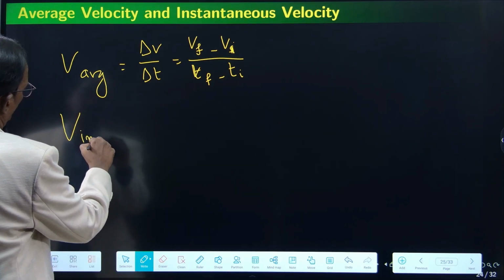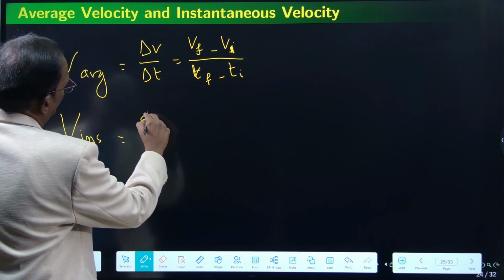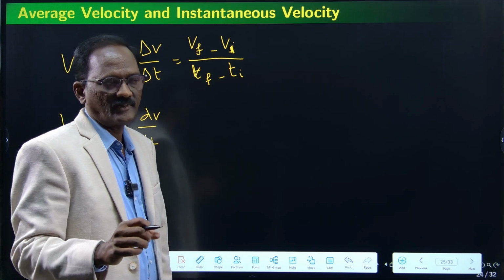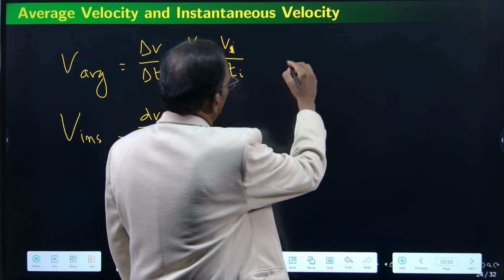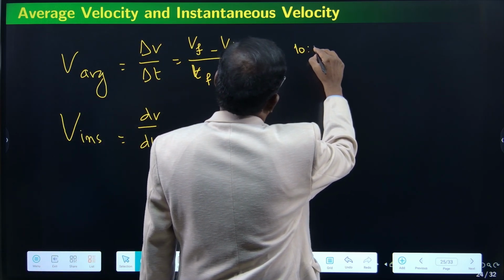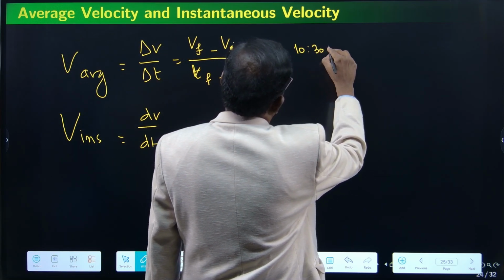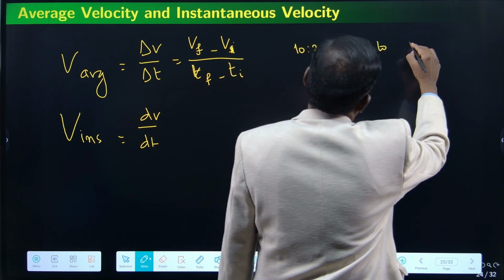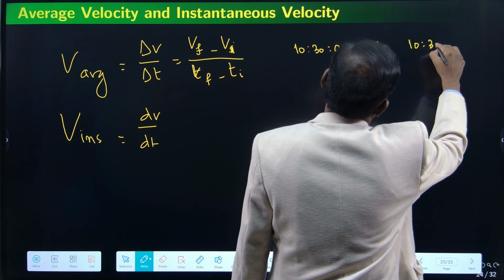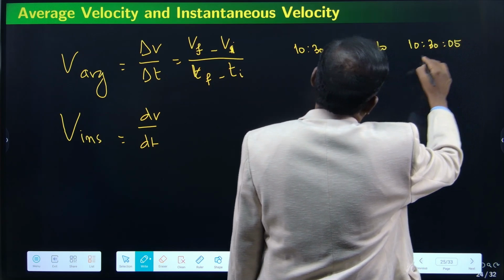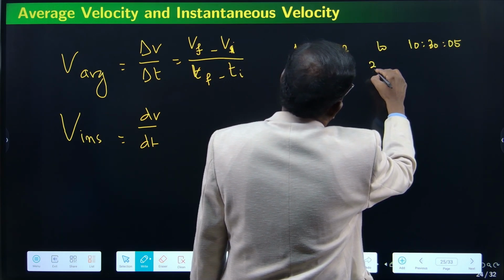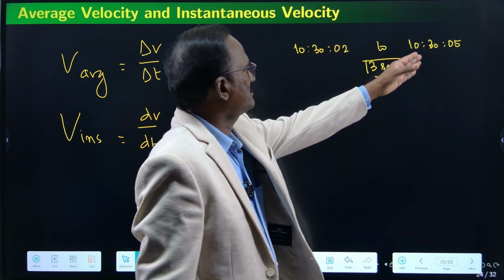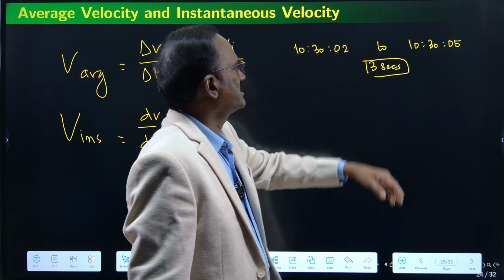Instantaneous, this formula, dv by dt, you have to differentiate. At one particular instant, right? So the interval may be some 2 seconds or 5 seconds, say 10 hours 30 minutes 02 seconds to 10 hours 30 minutes 05 seconds. So the interval is 3 seconds.